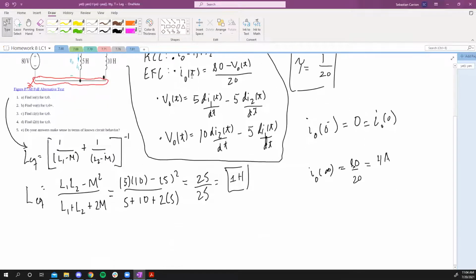So i(t) is equal to i infinity, which is 4, plus i at time equals 0, which is 0, minus 4 i infinity, times e to the negative t over 1 over 20, and that's going to look like this.